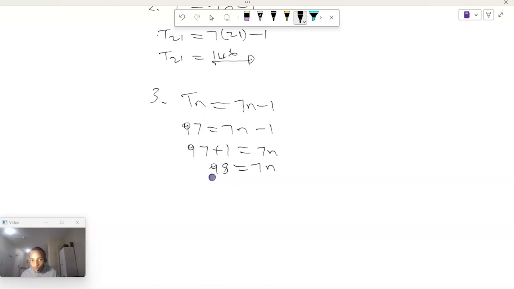We divide by 7 on both sides, and the value of n is equal to 14. That means that 97, which is in our sequence, is T14, since 14 is a position, and positions are represented by T term numbers.